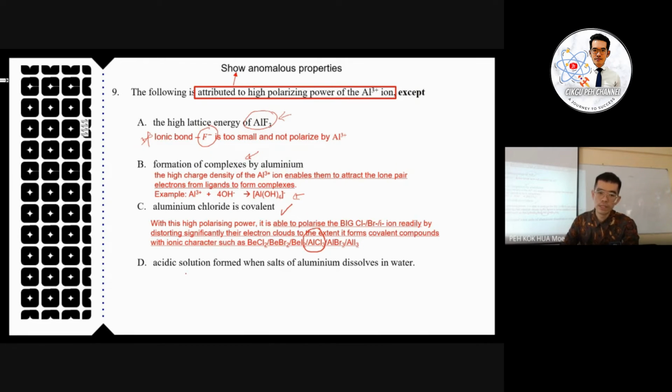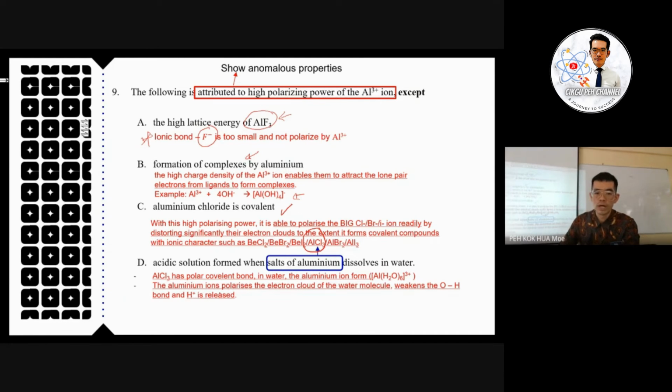Then for D, acidic solution formed when salt of the aluminium is dissolved in water. So the salt aluminium will be referring to AlCl3. Okay, so AlCl3 has polar covalent bond and aluminium ion will be formed. So this will be the formula.